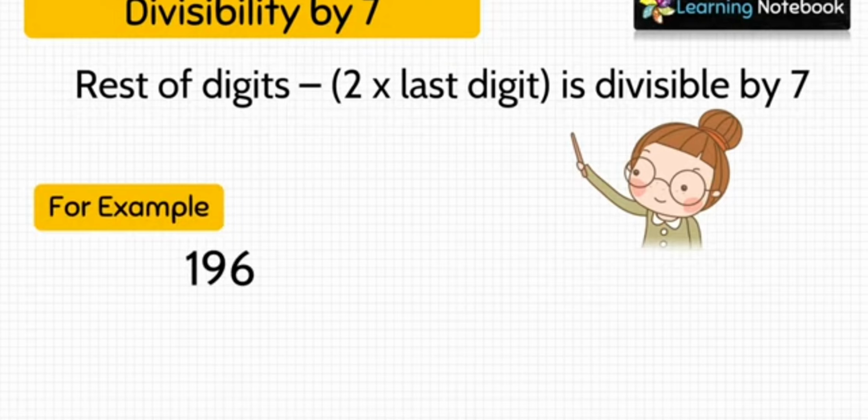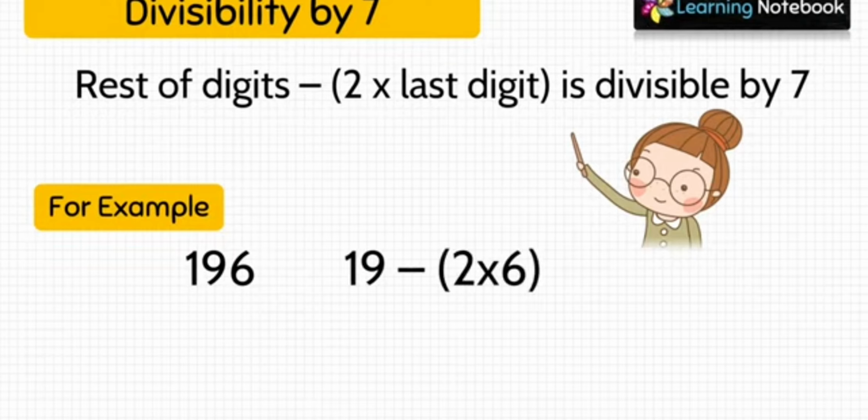Here, the last digit is 6 and the rest of the digits form 19. So, we will do 19 minus 2 times 6, which equals 7. Now, is 7 divisible by 7? Yes, it is. Therefore, 196 is divisible by 7.